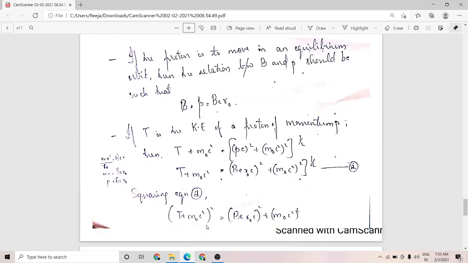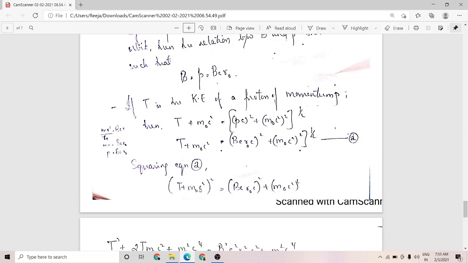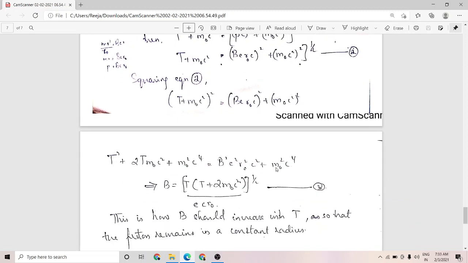Now squaring on both sides, you get T plus m0 c square the whole square is equal to the square of the terms inside the root. You just open the brackets, do the squaring, rearrange, and you get the value of B, that is how the magnetic field should increase with kinetic energy. That is how it must vary.